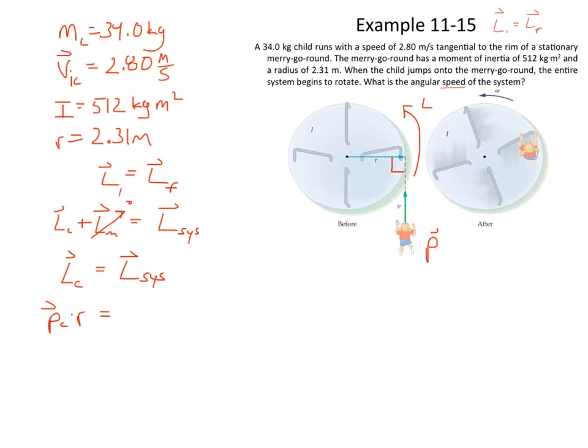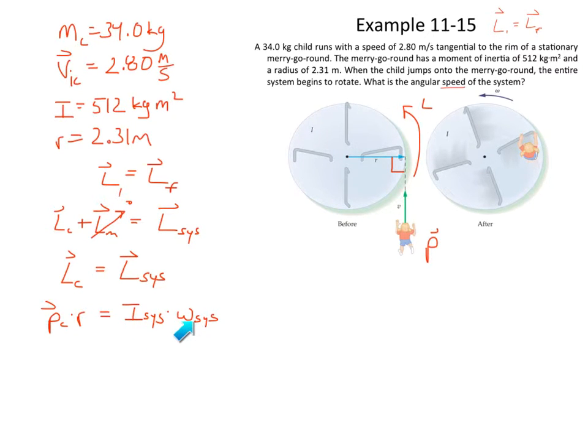Okay? So that means that the system has angular momentum, which is going to be equal to the moment of inertia of the system times the final angular speed of the system. This is kind of our rotational analog to mass times velocity, right?